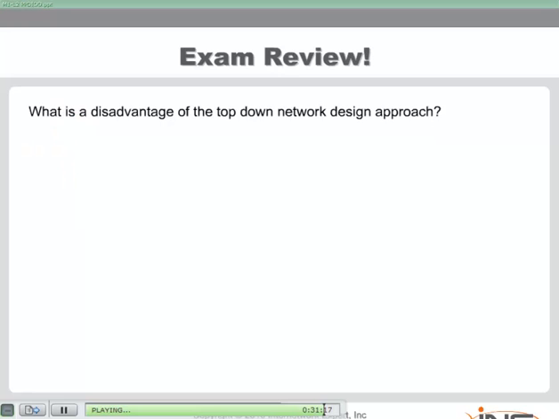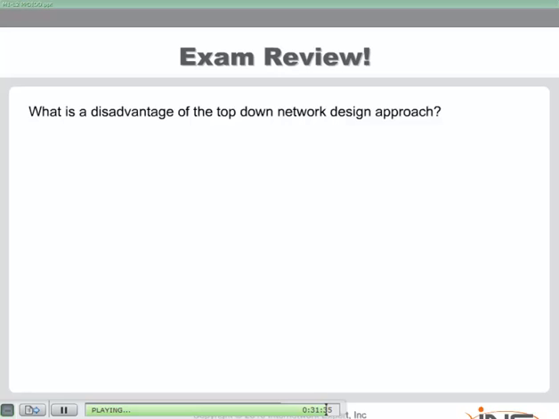What is a disadvantage of the top-down network design approach? Well, this is actually a pretty good question because we know it's primarily just advantages. We love the top-down design approach.